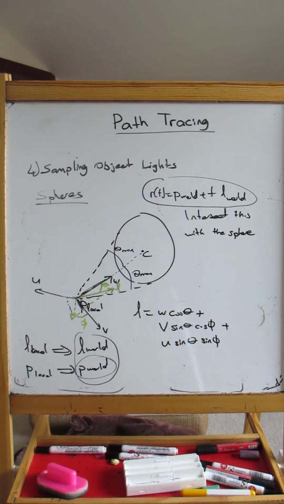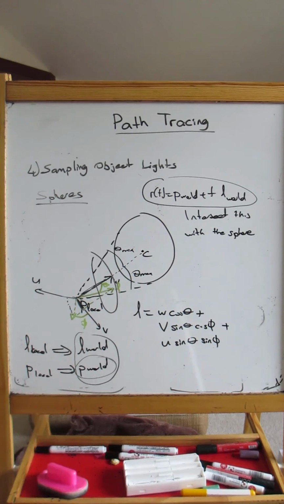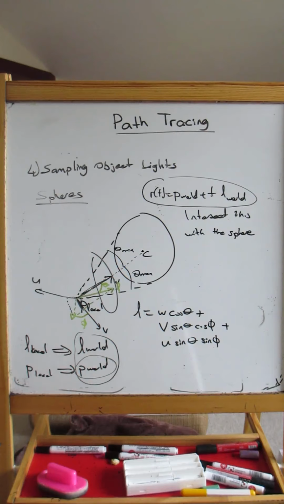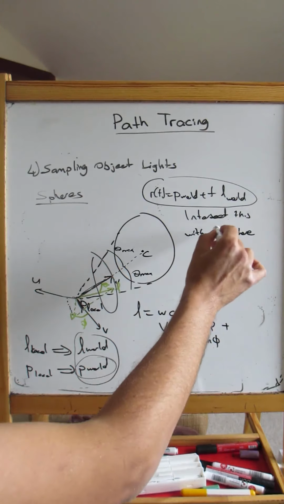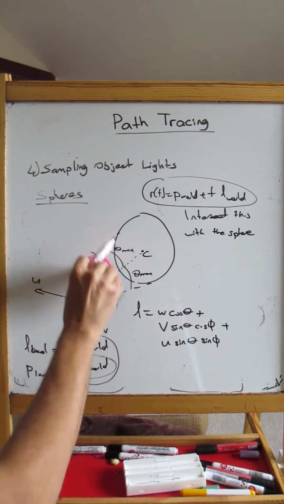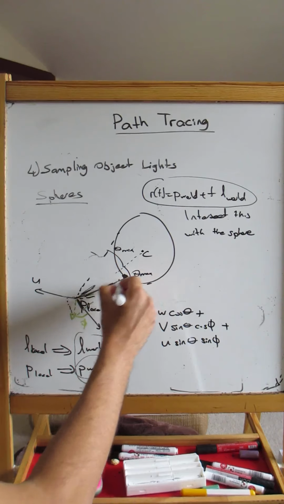Actually, in world space we make this intersection. When we make this intersection, we may find that in the world space there is an object in between here. So it is possible that the direction that we have generated, after so much work, doesn't really matter because there's an object between the point being shaded and the point that we are sampling light from. But we intersect this ray with the sphere to find the actual point on the sphere from which we will be sampling the light.